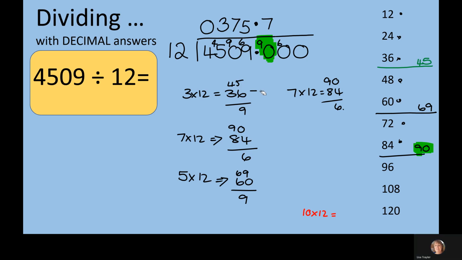Now we're looking at how many 12s go into 60. And 60 is actually in the times table. 5 lots of 12 is 60. So we've got 5. And because 5 lots of 12 is the 60 that we've got highlighted, we've got no remainders. So we now have our answer.